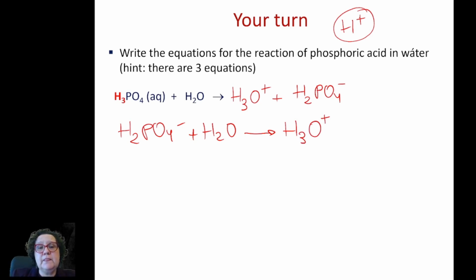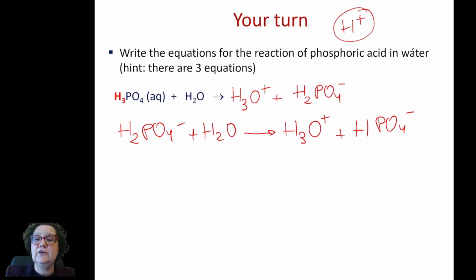And so you have formed another cation of H3O plus. What you have left? Well, you have still one hydrogen and the PO4 that hasn't changed. You had one negative charge from before and another negative charge from another electron left behind by another hydrogen ion. So that's where you get two negative charges. And that anion is called hydrogen phosphate.